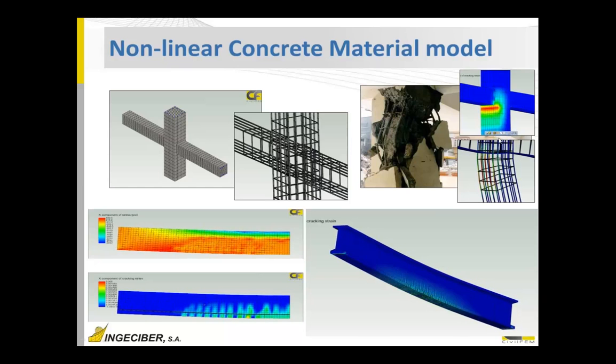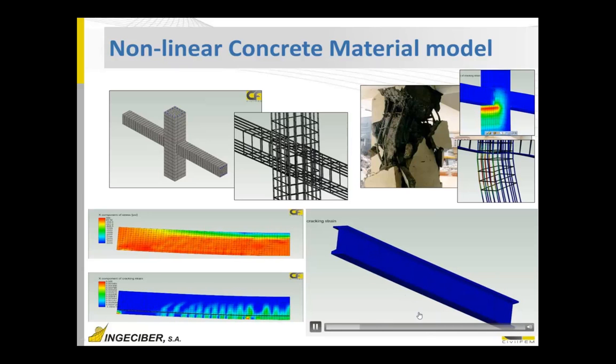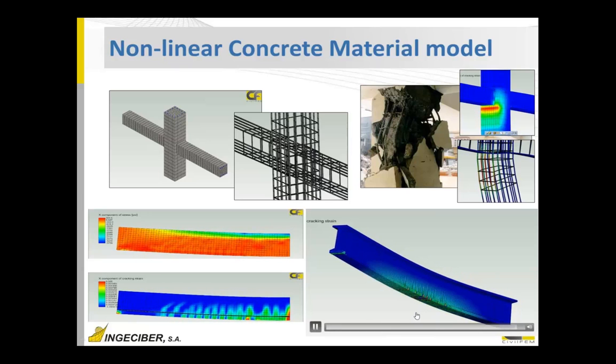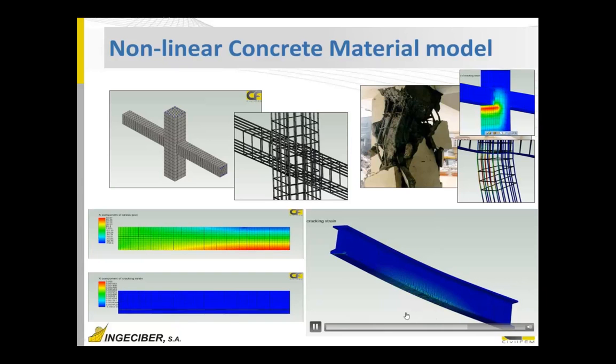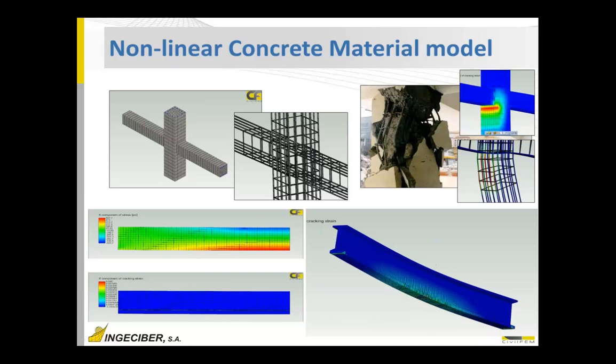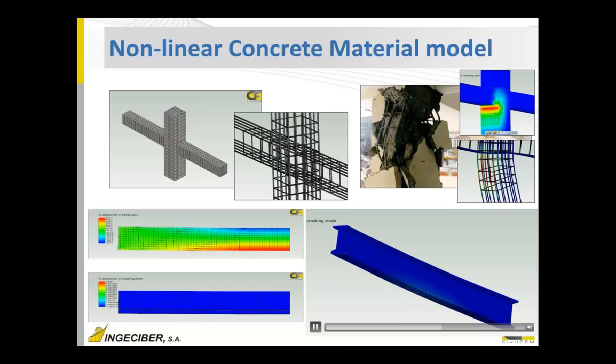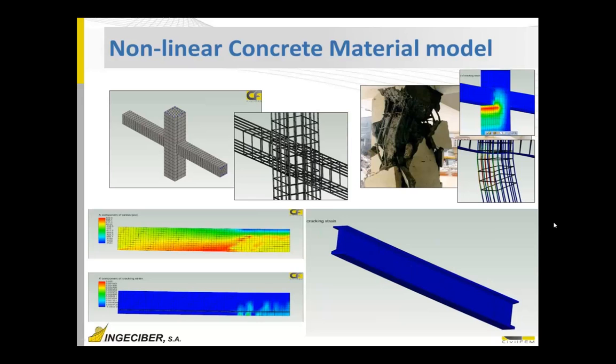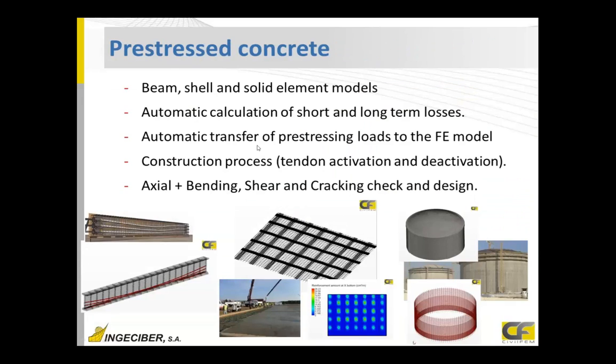So we can apply dynamic analysis. And here in this part, we are seeing also a 3D beam with vertical loads, and cracking is happening in the model, considering reinforcement and also pre-stressing, because CivilFEM also has pre-stressing utilities.